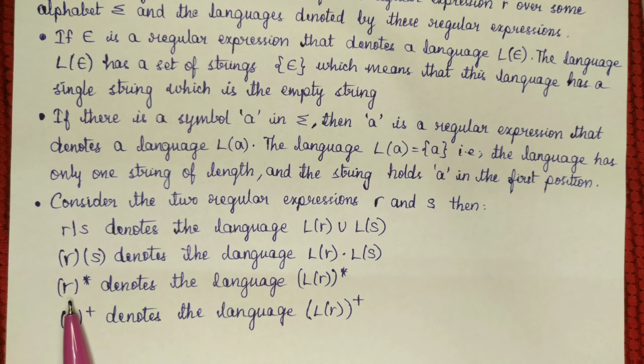That means R star denotes the language (L(R))*. Then positive closure of a regular expression is regular. Then R plus denotes the language (L(R))+. This is all about the specification of tokens. Thank you.